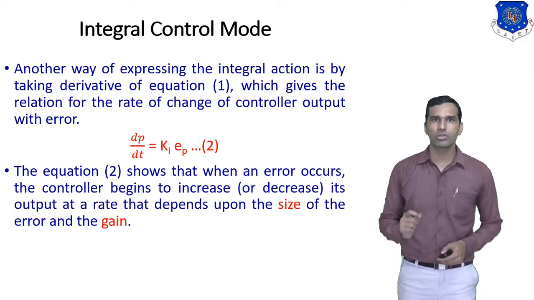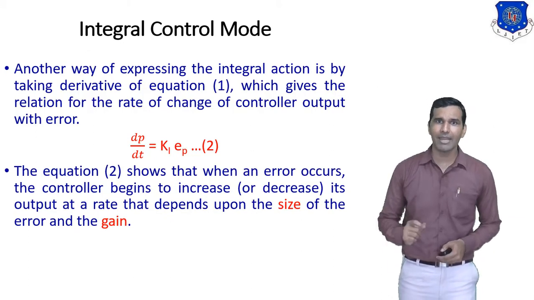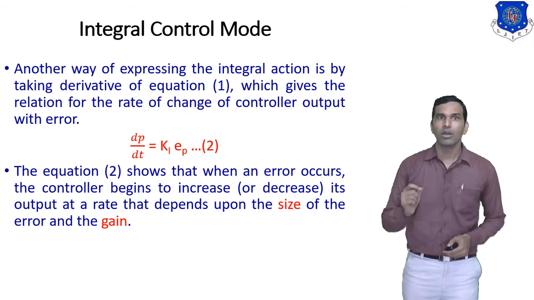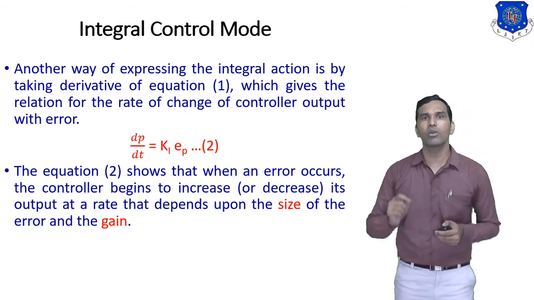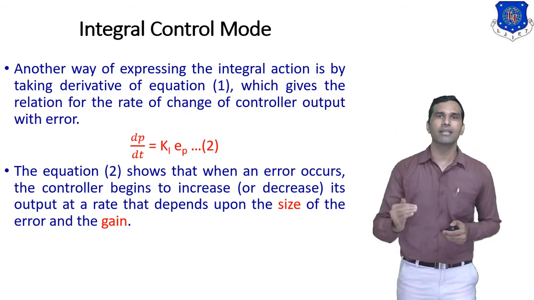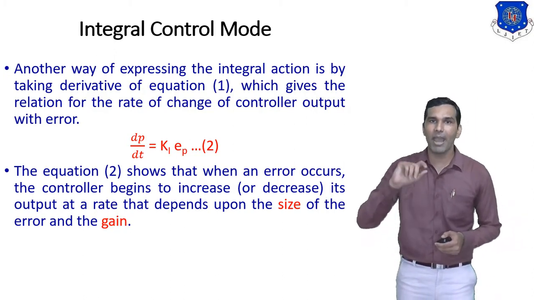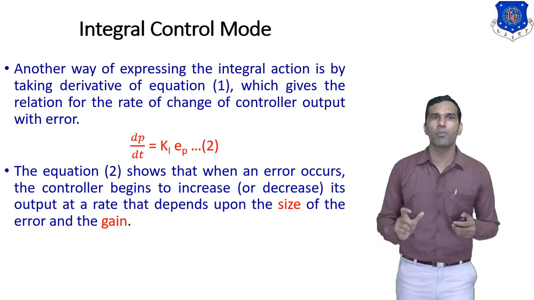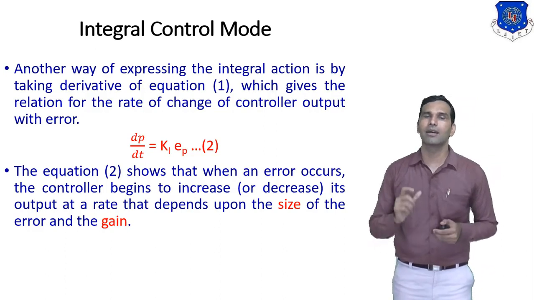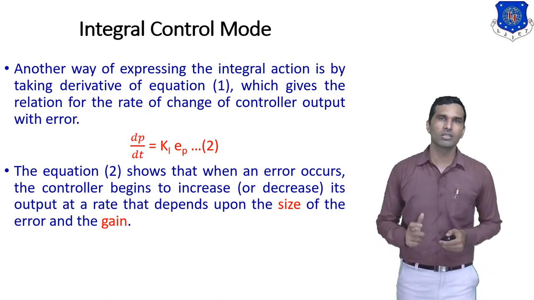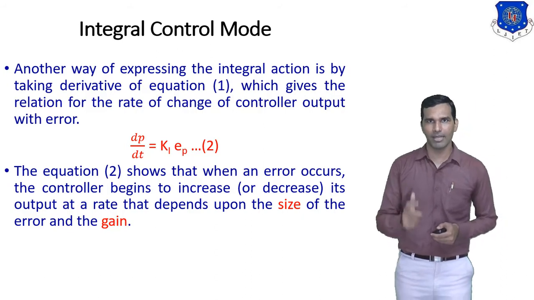Equation 2 shows that when an error occurs, the controller begins to increase or decrease its output at a rate that depends upon the size of the error and the gain. So this is what equation number 2 indicates.